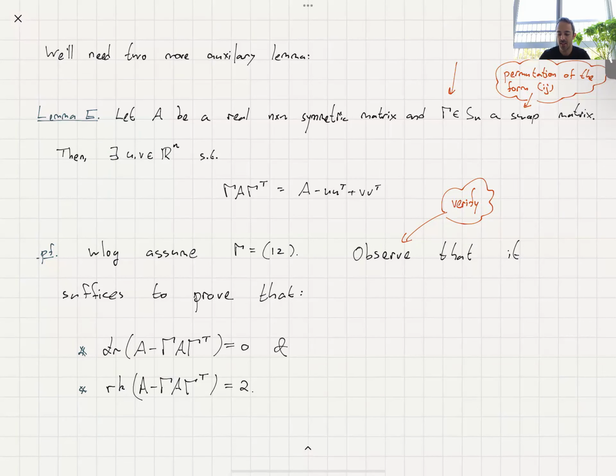In cycle notation, it's just an ij like that. Then what I'm saying is that if you conjugate A by a swap matrix, then that's a rank 2 update of that particular form. So gamma A gamma transpose is A minus UU transpose plus VV transpose for some U and V.